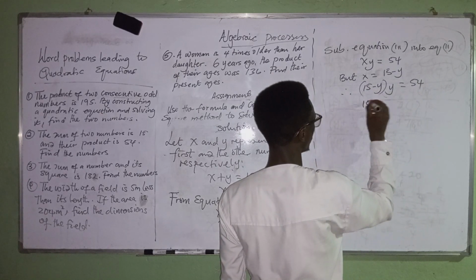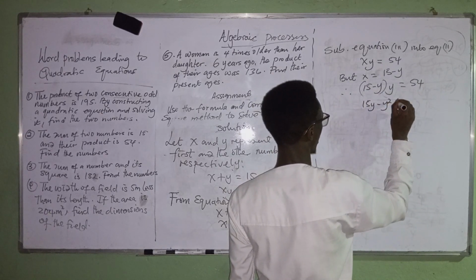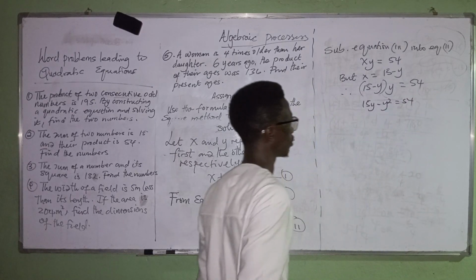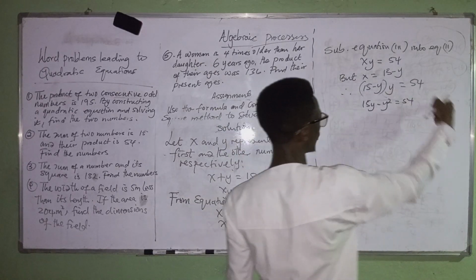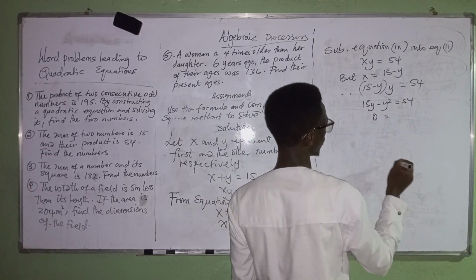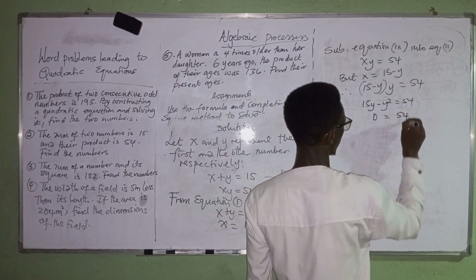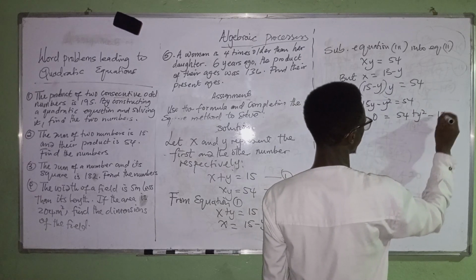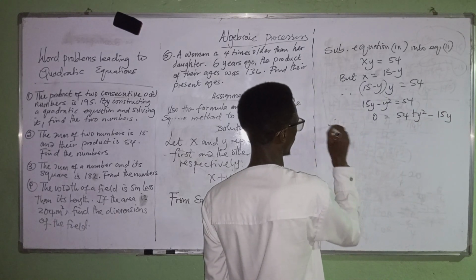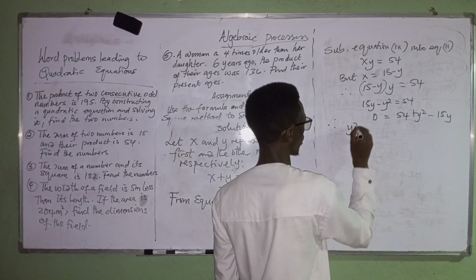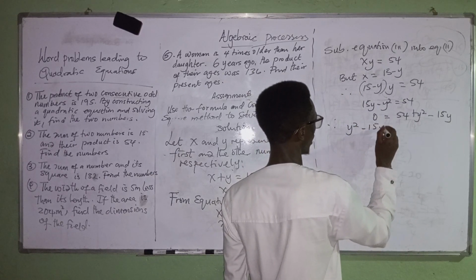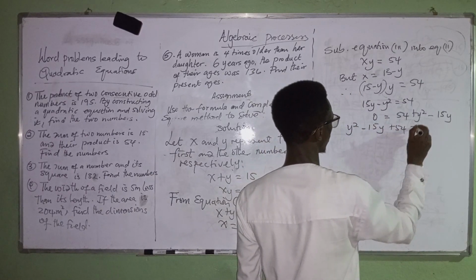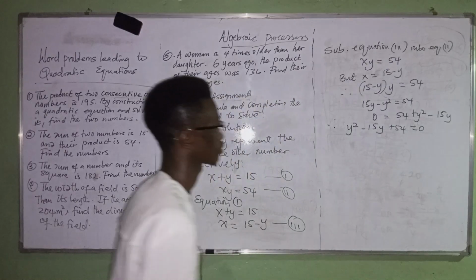So this becomes 15y minus y square equals to 54. So we transpose everything there. So this becomes 0 equals to 54 plus y square minus 15y. So if that's rearranged, we have y square minus 15y plus 54 equals to 0.